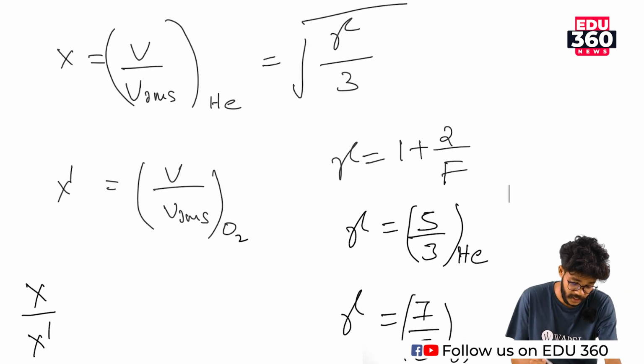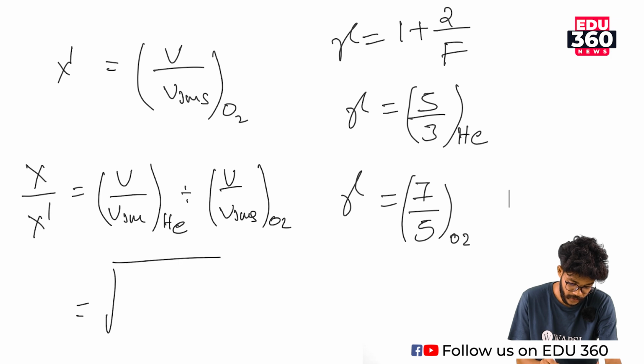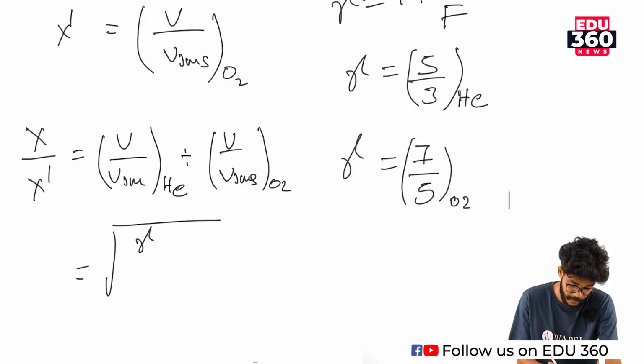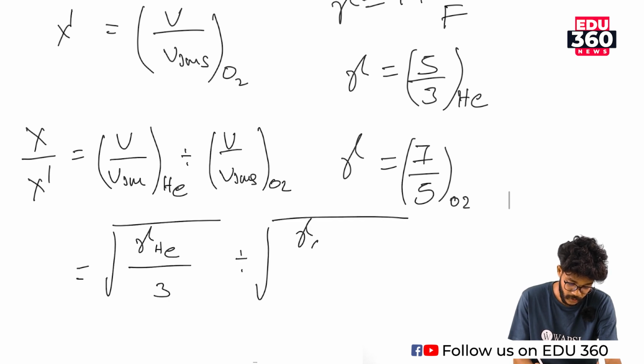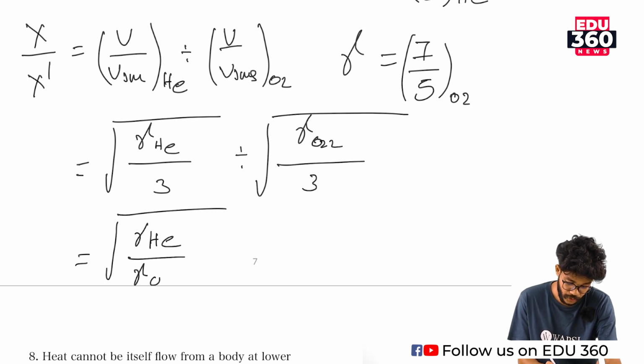X by X dash is equal to V by Vrms of helium divided by V by Vrms of O2, which is equal to root of gamma helium by 3 divided by root of gamma O2 by 3, which is equal to root of gamma helium divided by gamma O2.